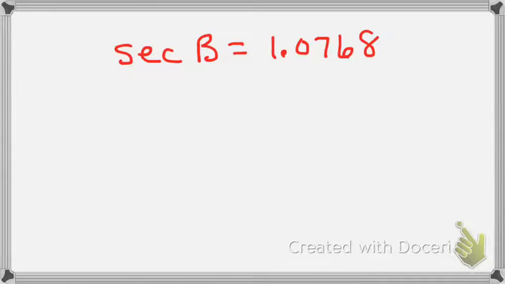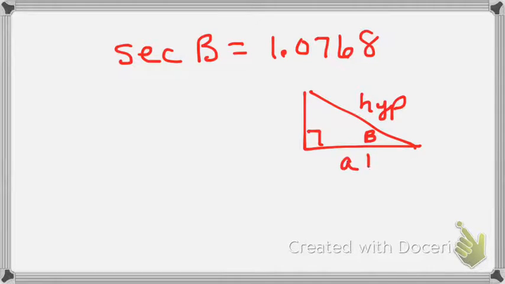And that's okay to be bigger than 1, because secant is hypotenuse over adjacent, and the hypotenuse is the longest side, so when you divide them, you can get that. So what this means is I've got a triangle, and I have angle B, and when I divide the hypotenuse over the adjacent, I get 1.0768. They just want to know what angle would make that happen.